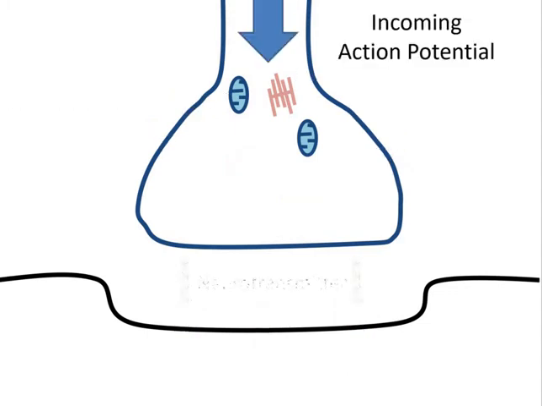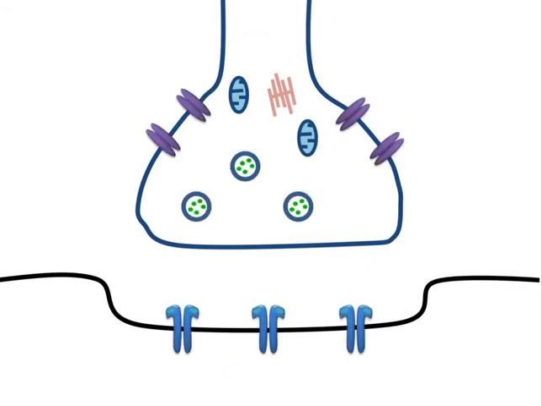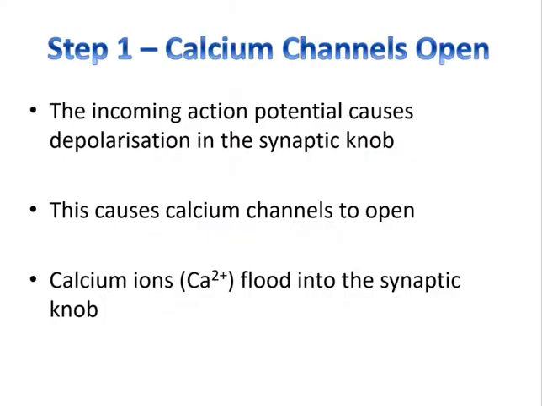Okay, so we've got our action potential that's coming in. We're going to pass on this message to make a new action potential. So we're going to look at this process. Step 1, make notes now if you want to. Once this action potential reaches the synaptic knob, the first step is that calcium channels are going to open. They'll be voltage-gated calcium channels.